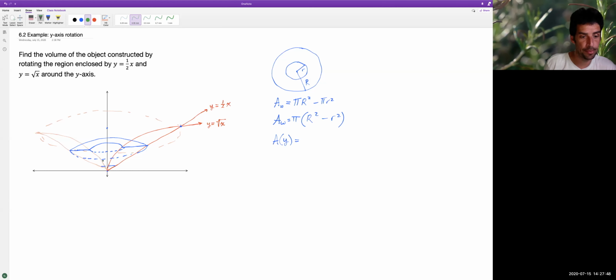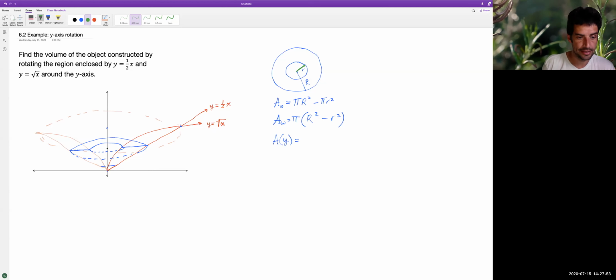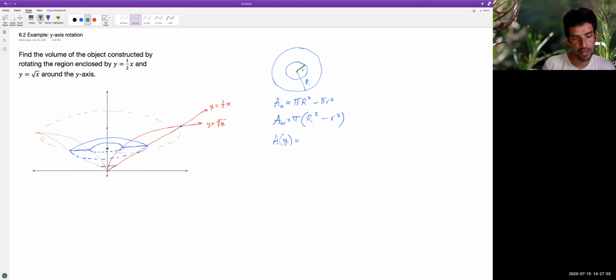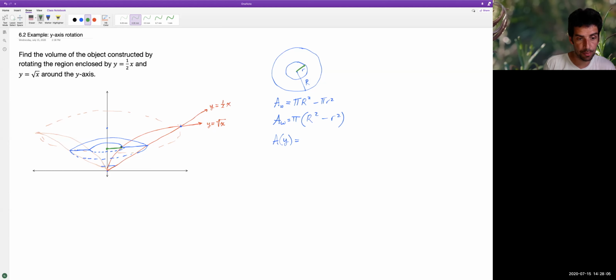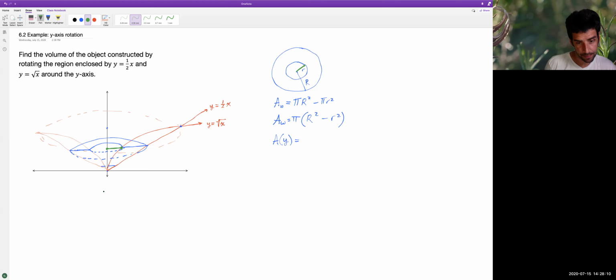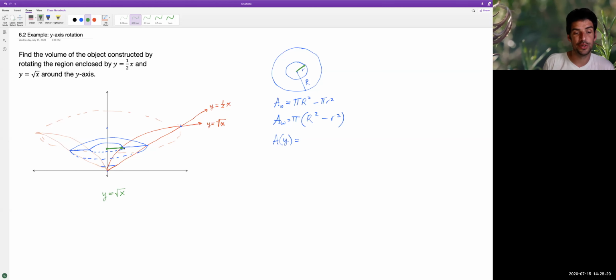So let's look closely at our picture. This little radius right here is the distance from the x-axis, sorry, the y-axis to this first curve. That's where that distance comes from, right? So it's the x-coordinate of this point here, right? But I want it in terms of y. Well, if I have a y value, remember that point is on the curve y equals the square root of x. This green distance is the x-coordinate of that point.